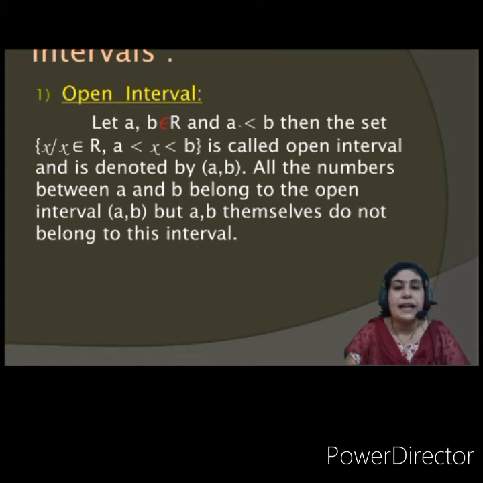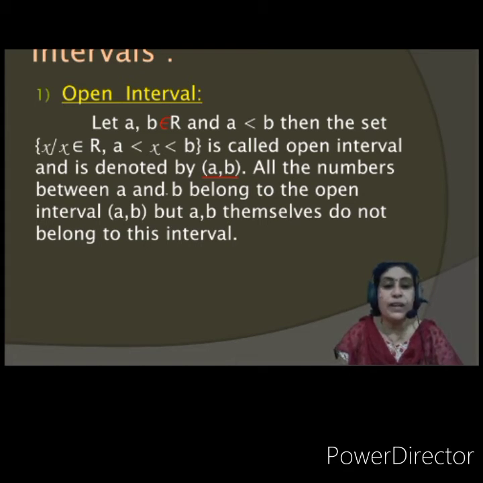And A is less than B, then the set of X such that X belongs to R and X lies between A and B is called an open interval, and it is denoted by small brackets with A and B. All the numbers between A and B belong to the open interval.